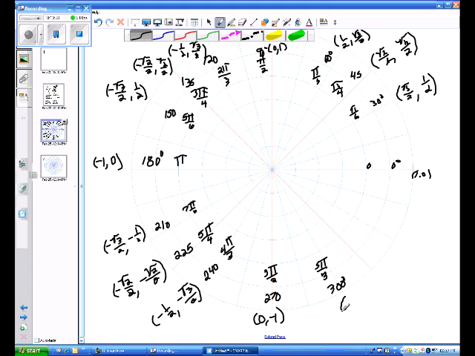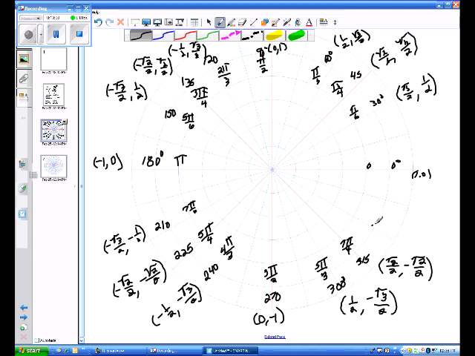We're in the fourth quadrant, so the cosine is positive and the sine is negative. For 315, which is 7 pi over 4. Remember, anytime our reference angle is 45, our denominator is 4. So this is square root of 2 over 2 and negative square root of 2 over 2.